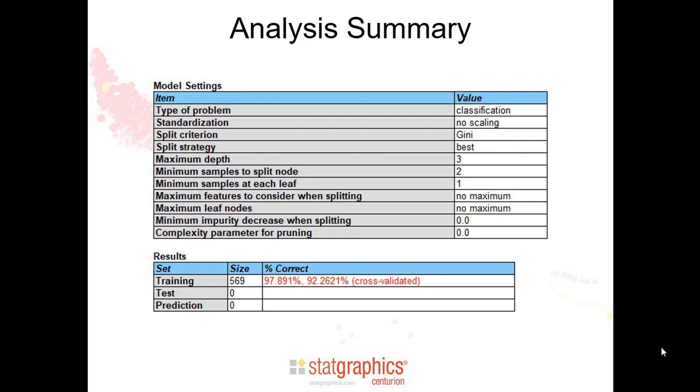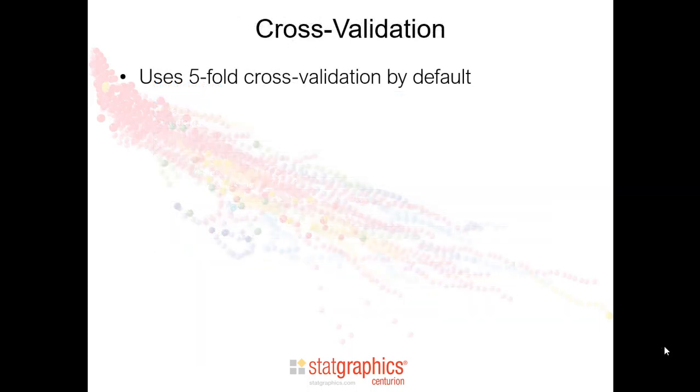Now, it also gives a statistic for cross-validation. Cross-validation is used to try to show how good this tree would be in predicting observations not used to actually train the tree. To validate its machine learning algorithms, Statgraphics uses five-fold cross-validation by default.